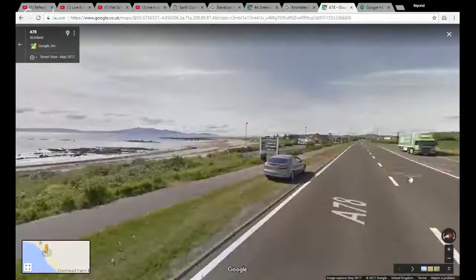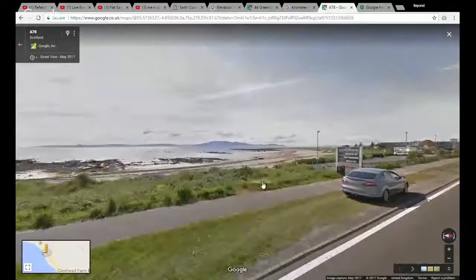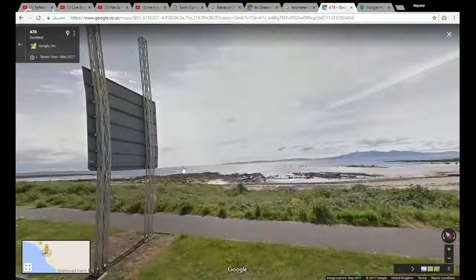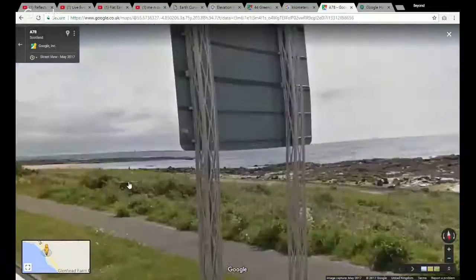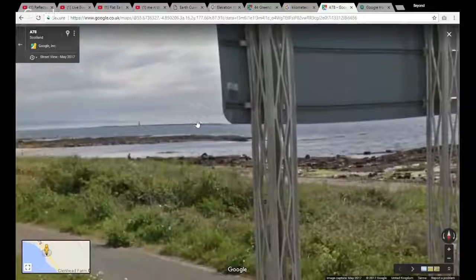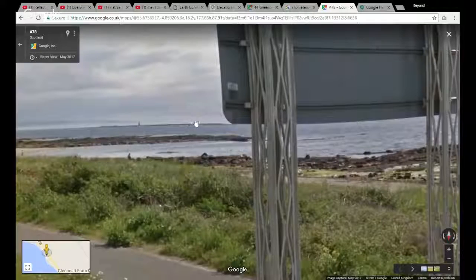So this is where we parked and we walked down onto the beach here. So we're looking here at the rock again, and also the peninsula here that you're going to see in the observations, which reaches out to Stranraer. So these are the two destinations that we were at.